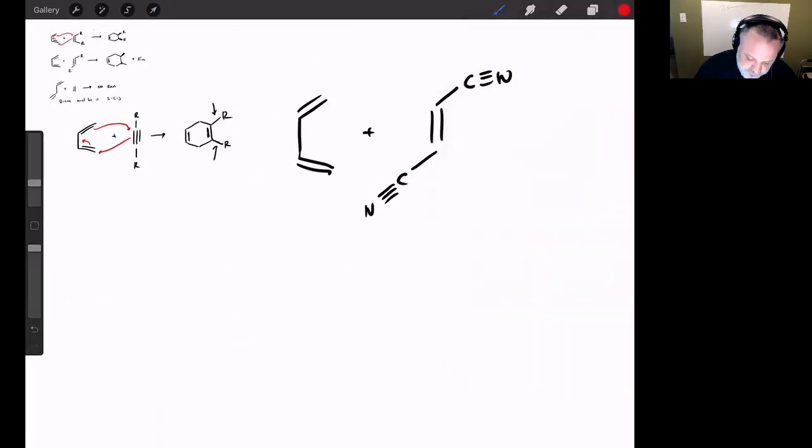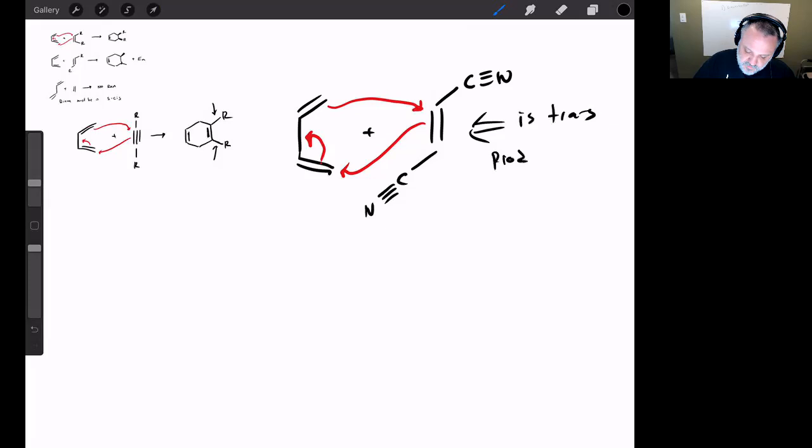Well, we could remind ourselves of what the mechanism is. That's one thing we could do to help us remember what the product is. And then we can also say to ourselves that the dienophile is trans, and so the product is trans. In other words, we're going to have to deal with two different enantiomers.